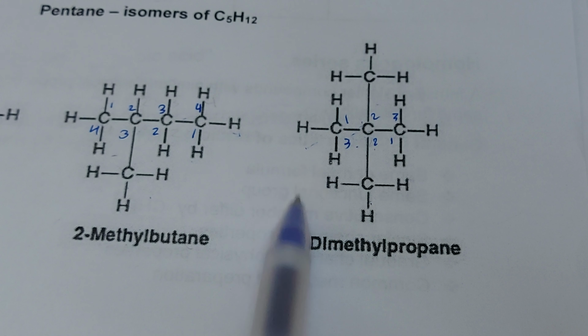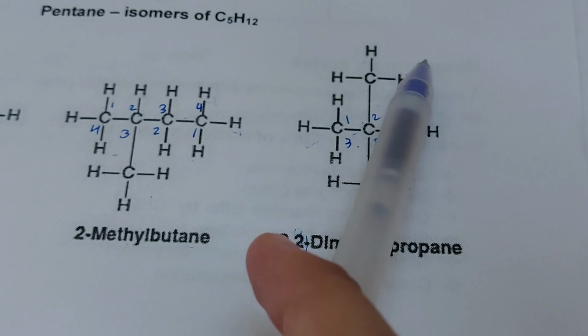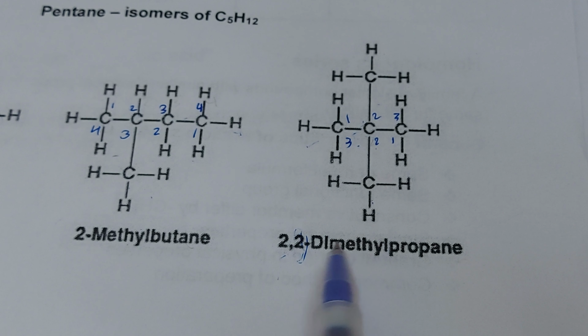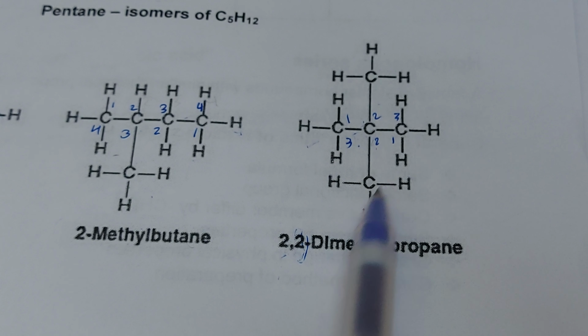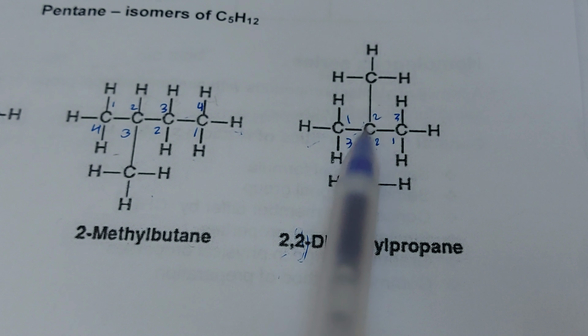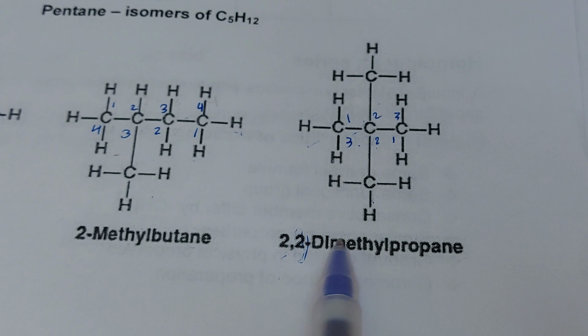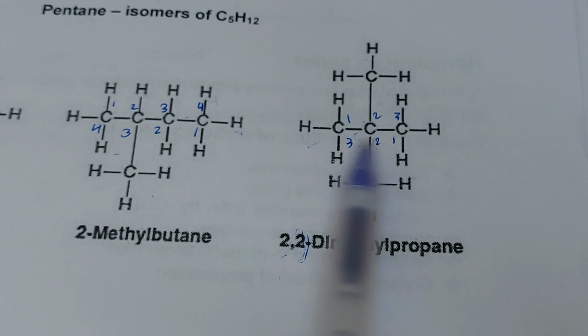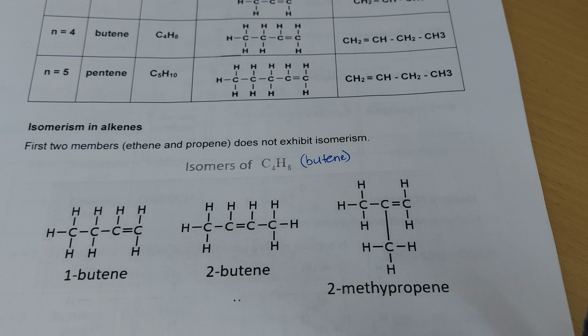The structure of the branches: this is methyl, this is also methyl. So I'll write methyl, but I'll instead write dimethyl, since there are 2 methyls, not only a single methyl. So it is dimethyl, and then the parent chain is propane. So it's 2,2-dimethylpropane.